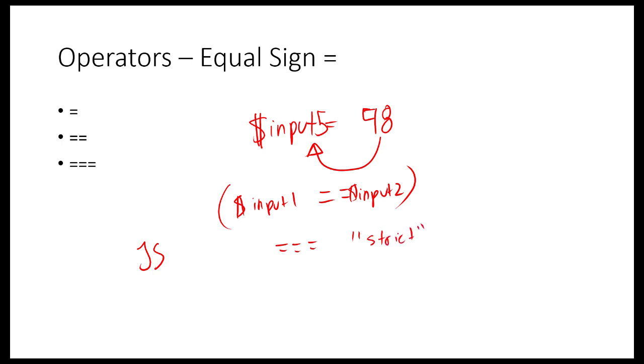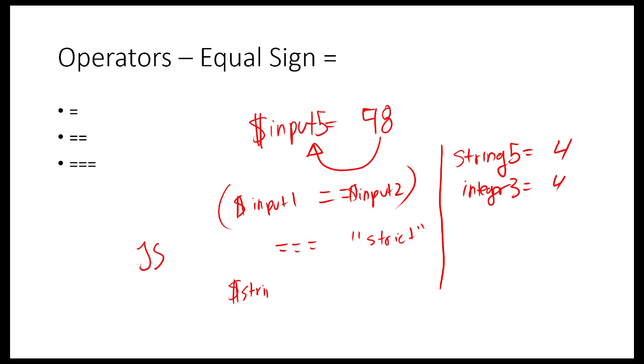So remember, in the earlier lecture, I said what happens if we add a string and an integer. So if I got string 5 equals to 4, and then I got integer 3 equals to 4, and then I compare them. So I go string 5 equals integer 3.